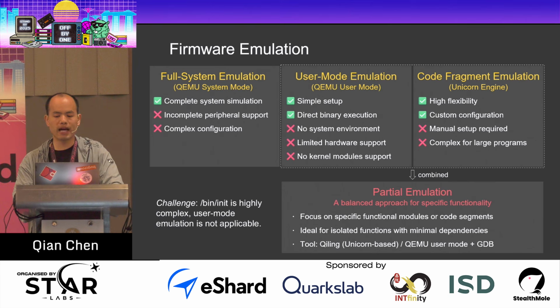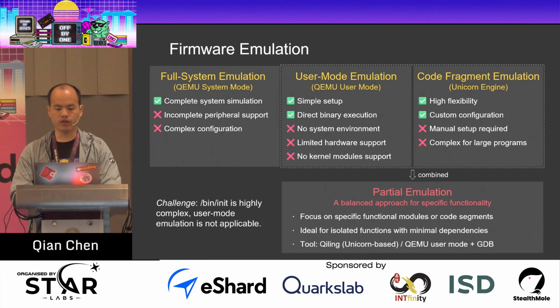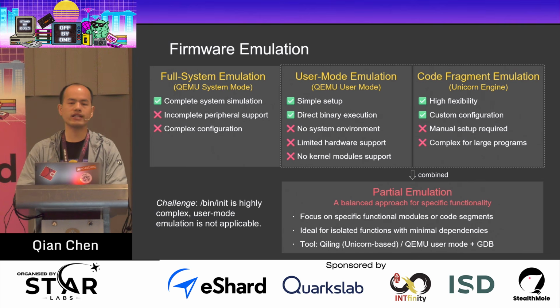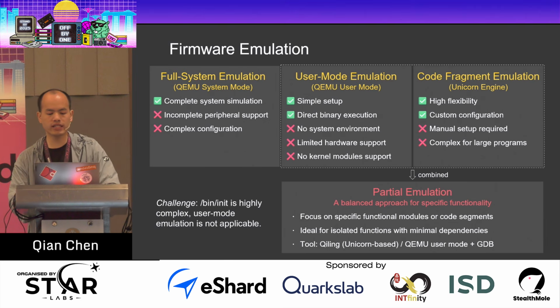This leads us to partial emulation, a balanced approach where we focus on specific functional modules or code segments rather than the entire binary. This method is ideal for isolated functions with minimal dependencies and could be implemented using tools like Qiling or QEMU user mode with GDB.